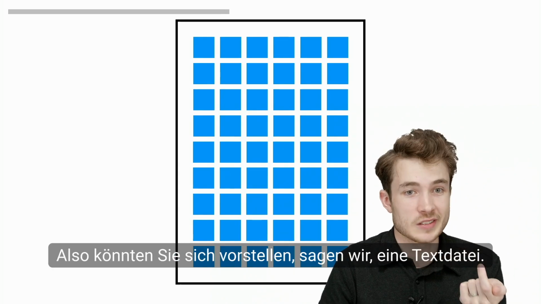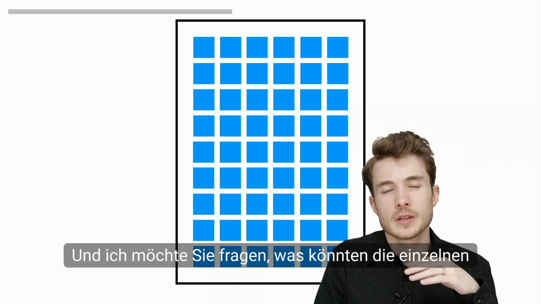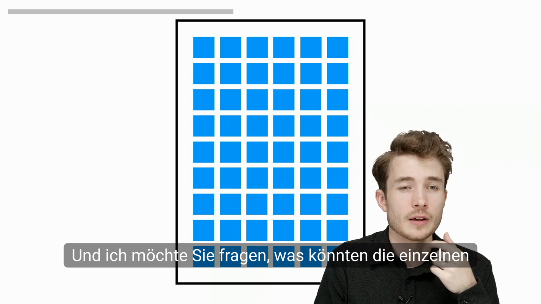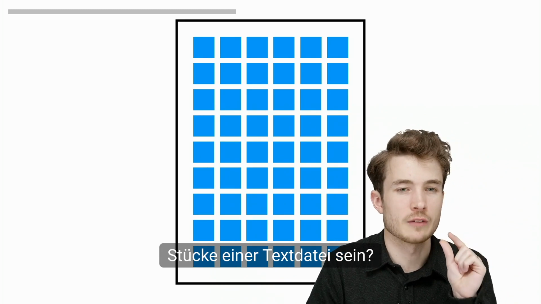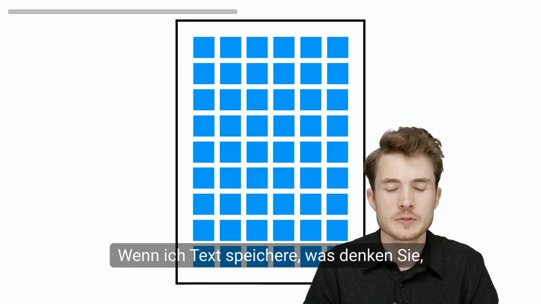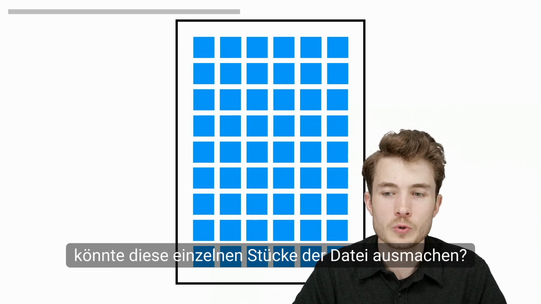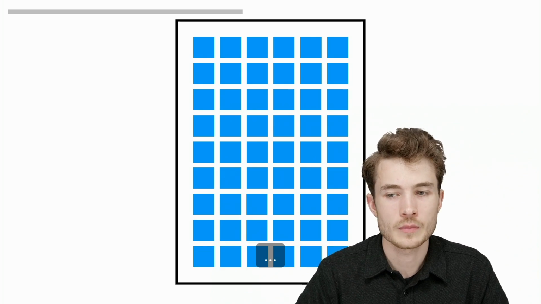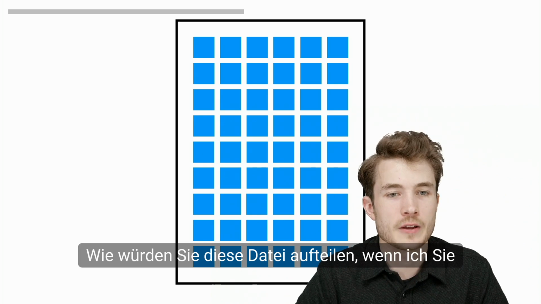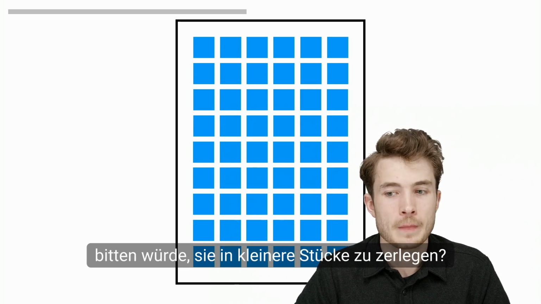So you could imagine, let's say, a text file, and now I want to ask you, what might be the individual chunks of a text file? If I'm storing some text, what do you think might compose those individual chunks of the file? How would you break up that file if I were to ask you to break it up into smaller pieces?